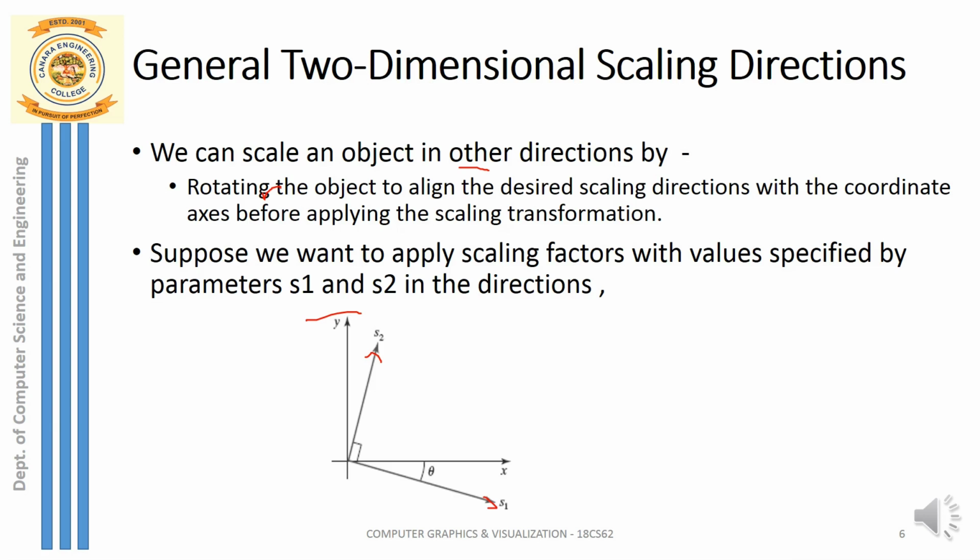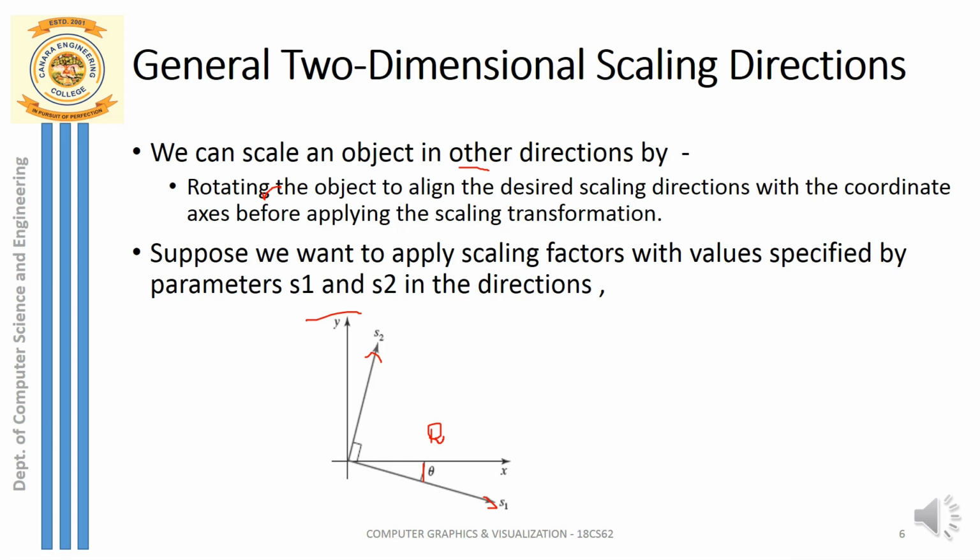For doing that, I can just align my object. I should align my object along this scaling direction. I have to align my object along x, and also along y. For doing this, I'll apply rotation. Alignment is nothing but rotating or orienting the object along x and along y.